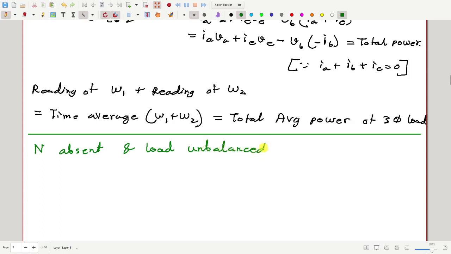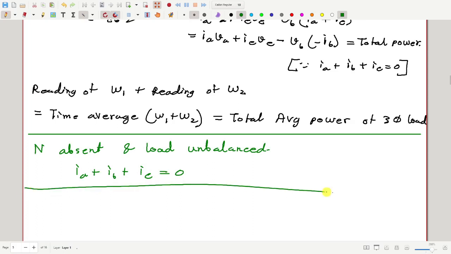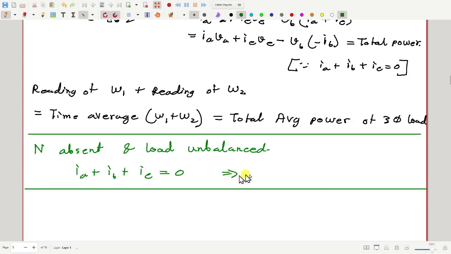Okay, but now you tell me how much is IA plus IB plus IC? 0. So this method will work. Okay, so two wattmeter works.